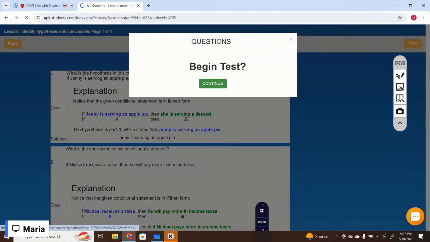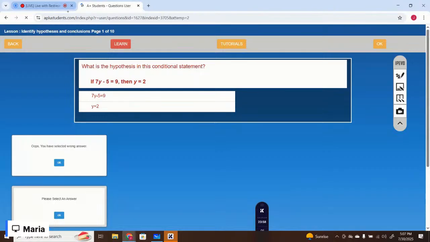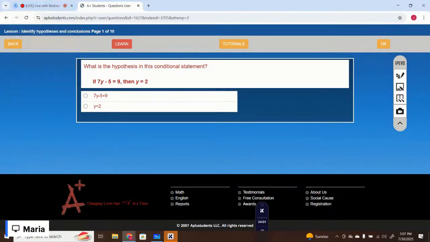Okay, let's just start with test questions. What is the hypothesis in this conditional statement?